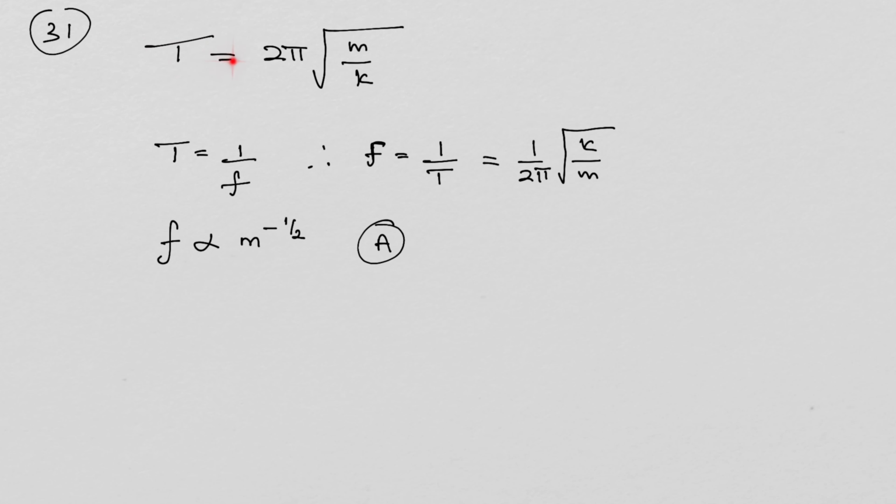We know that period is equal to 2 pi root M over K. Period is 1 over F. Therefore, F is 1 over period, which gives 1 over 2 pi root K over M. So F is directly proportional to M to the power minus a half, because a root of M is M to the power a half, and 1 over root of M is M to the power minus a half. That's where we got that from, and the answer is A.